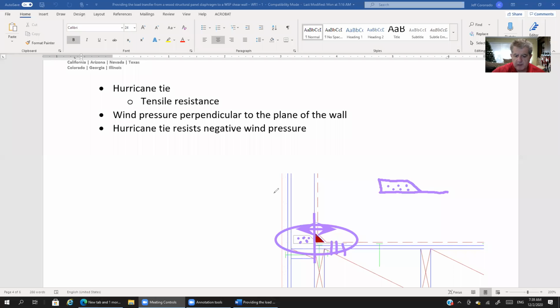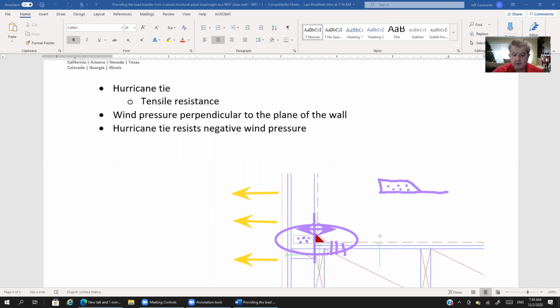So remember, we've got this, let me see if I can get an arrow here. Here we go. We've got wind pressure that's pulling out on the wall, right? So we want to keep that wall assembly tied into the roof diaphragm. We don't want them to separate, right?